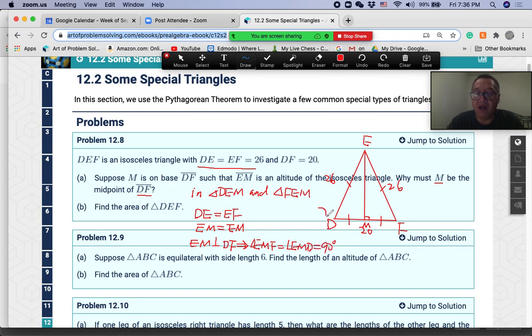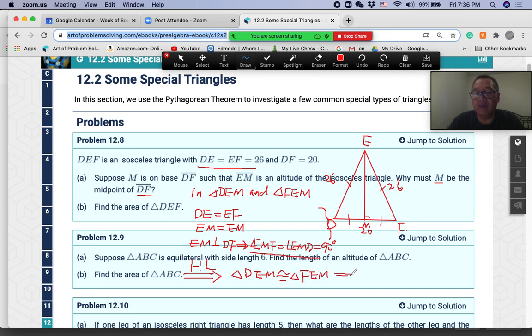Then combine these three conditions together. You can use the theorem called HL, because this one makes these two triangles right triangles. Using the HL theorem, you can prove triangle DEM is congruent with triangle FEM.